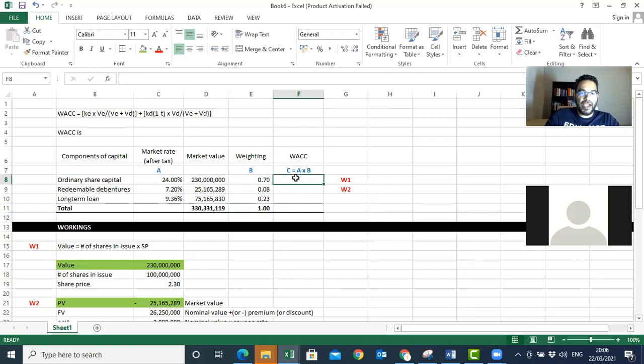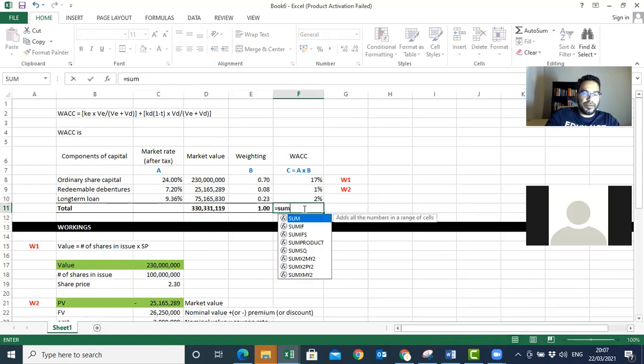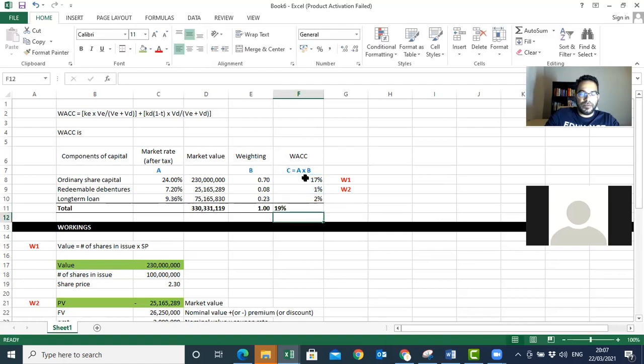Now I can work out WACC. WACC is A multiplied by B, and similarly over there. So now if I add it up, the weighted average cost of capital is 9.39.